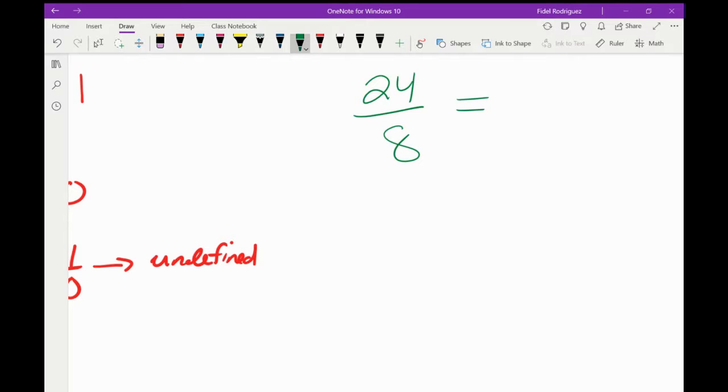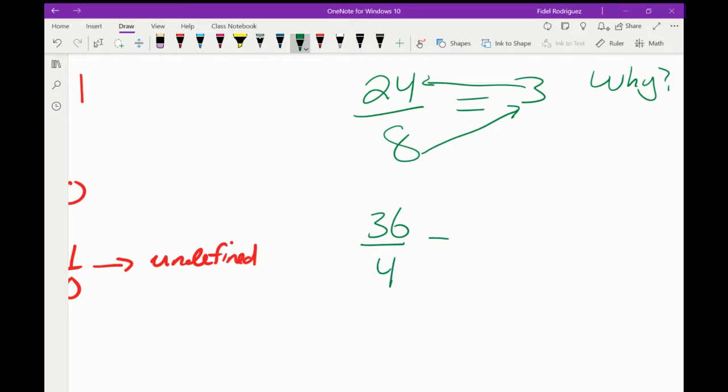What is 24 divided by 8? Does anybody know? 3. Okay? Now, if I asked you why, wouldn't you say 8 times 3 is going to give me 24, right? Okay. So then if I said, let's keep it easy, what's 36 divided by 4?